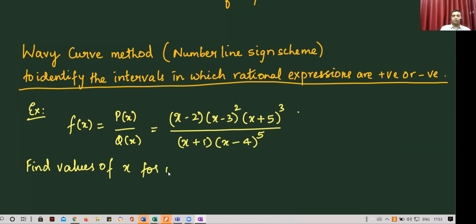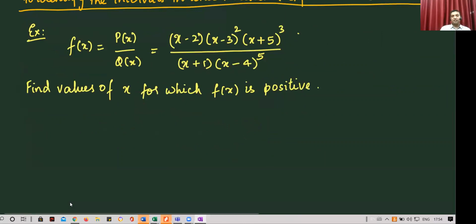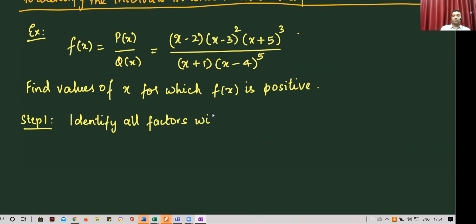All right, we want to find values of x for which f of x is positive. So the method here is, first of all, identify all factors with odd powers.